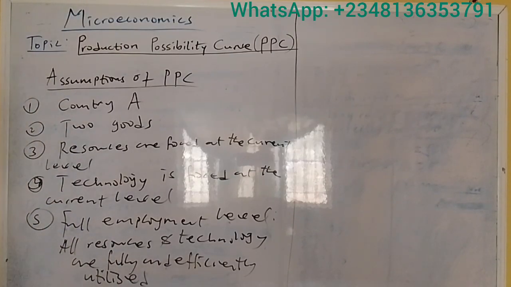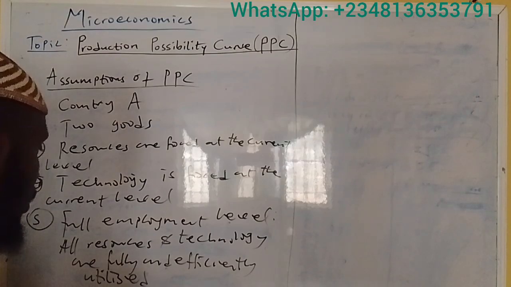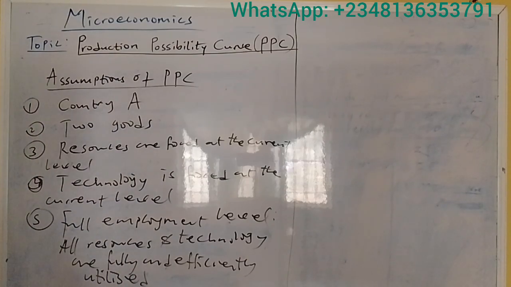That is, there is no unemployment of resources. All resources are fully and efficiently utilized, that is, they are being used in the best way they can ever be used. Technologies are also efficiently used in this country.